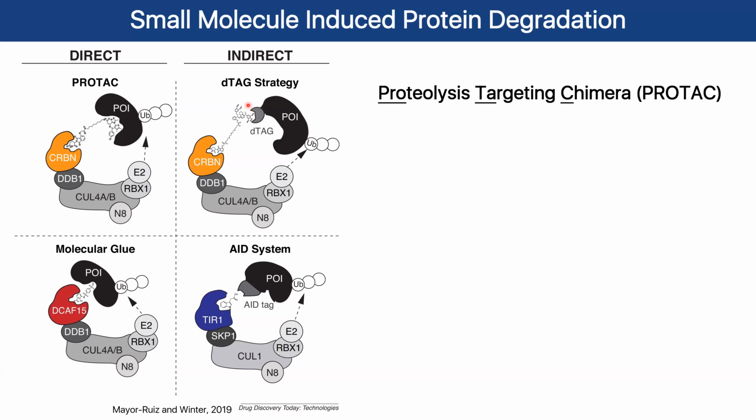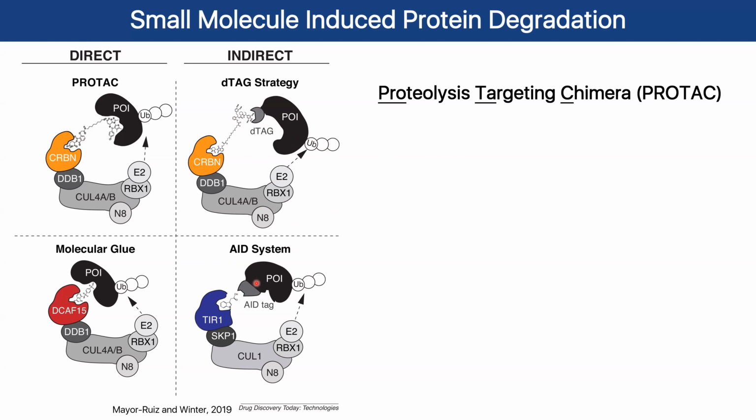And then you can add, in this case, a bifunctional molecule. This molecule, one end can bind to the dTAG domain, the other end binds to E3 ligase. Then your protein of interest gets ubiquitinated and then gets degraded. Or with a similar concept, you use this auxin-induced degradation system.